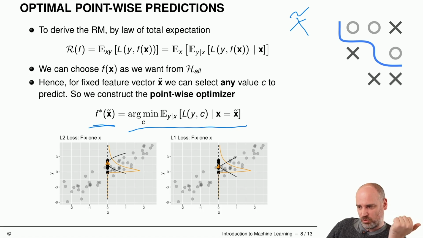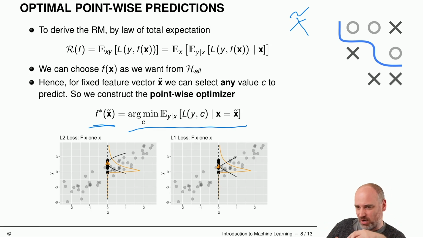Where we compute the conditional expectation of the loss between y and some constant c, and that's the output that we prescribe to f star, given that we are at the feature vector x tilde. This x tilde vector is our vector of observed features.